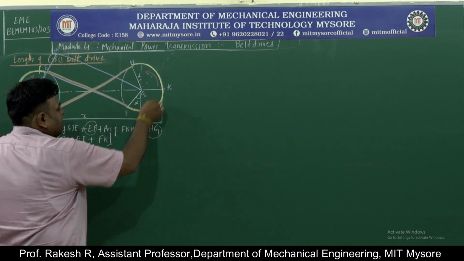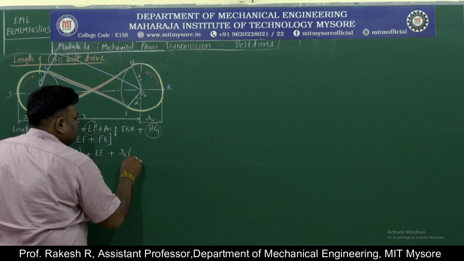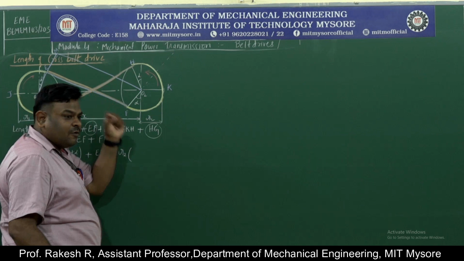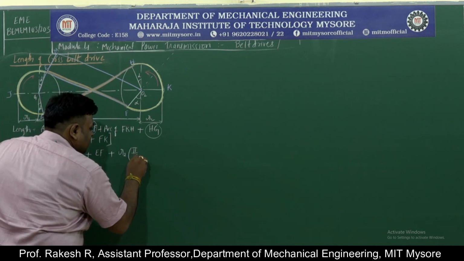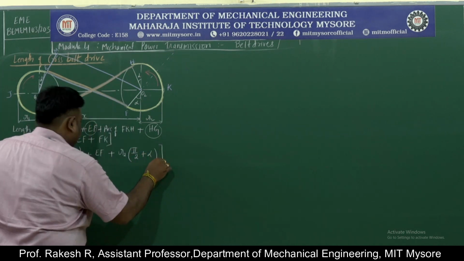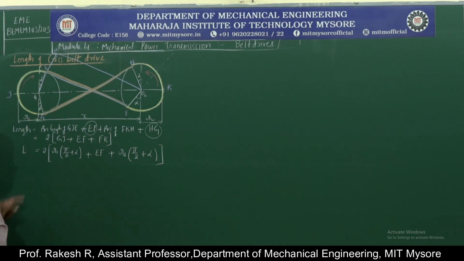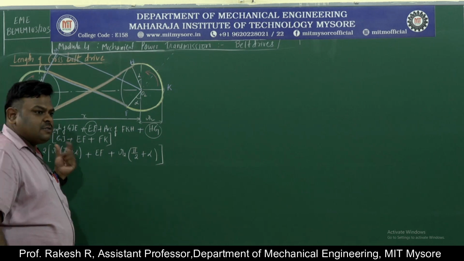FK is nothing but R2 into pi by 2 plus alpha here. Earlier it was minus alpha in the open belt drive, but here it is pi by 2 plus alpha. Very important to remember. This is the length of the cross belt drive.